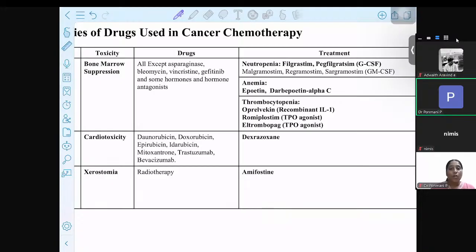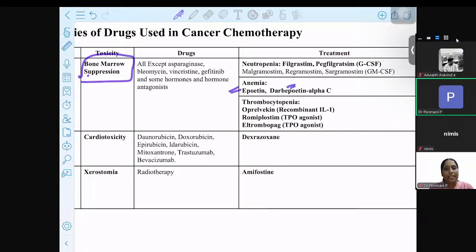See, bone marrow suppression is most common when you treat with an anti-cancer agent. So for bone marrow suppression, what drug can we give? It depends upon which blood cell is depleted. Remember, if the patient has anemia, you give epoetin or darbepoetin alpha.